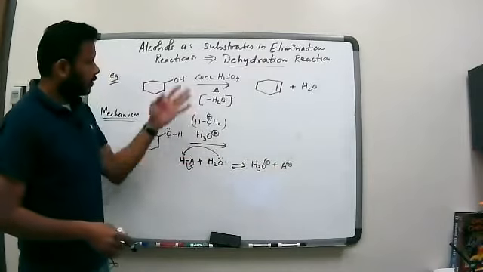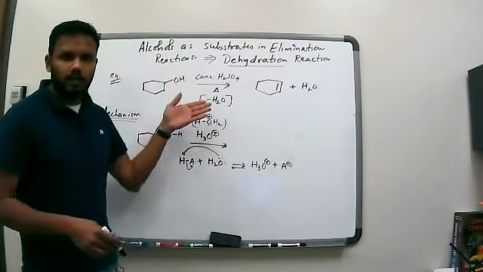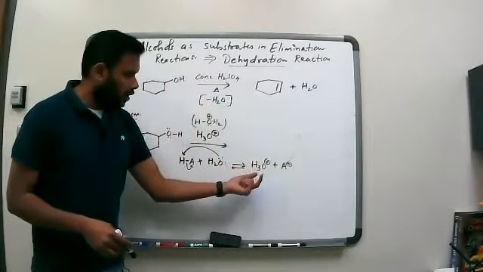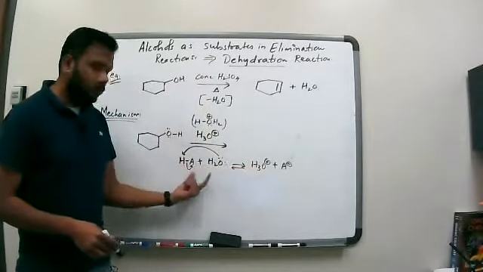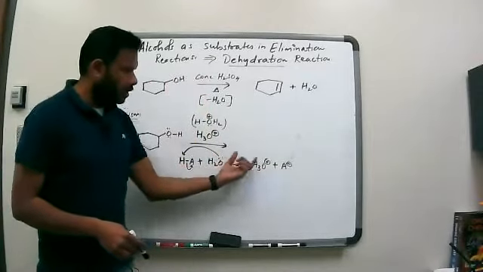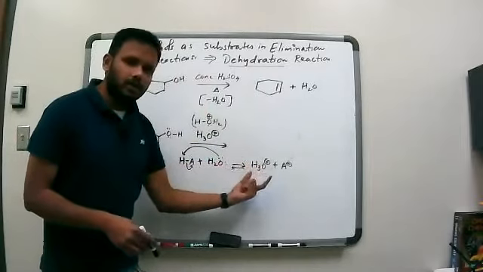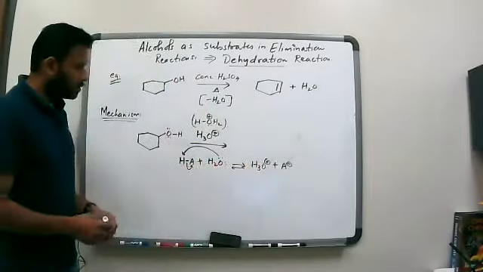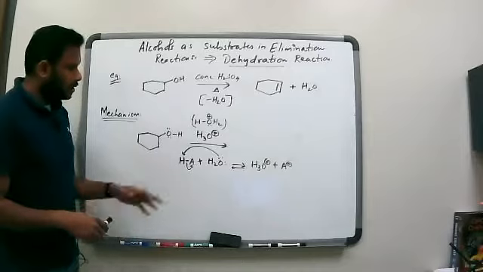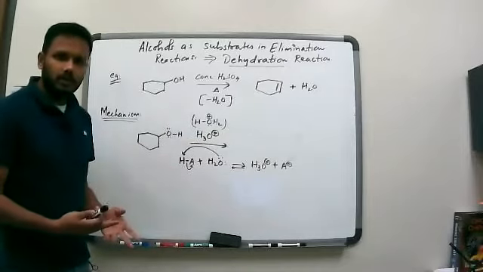Now sulfuric acid is a strong acid compared to a hydronium ion, so the position of this equilibrium favors the hydronium ion. So for that reason, often you would see basically H3O plus written.